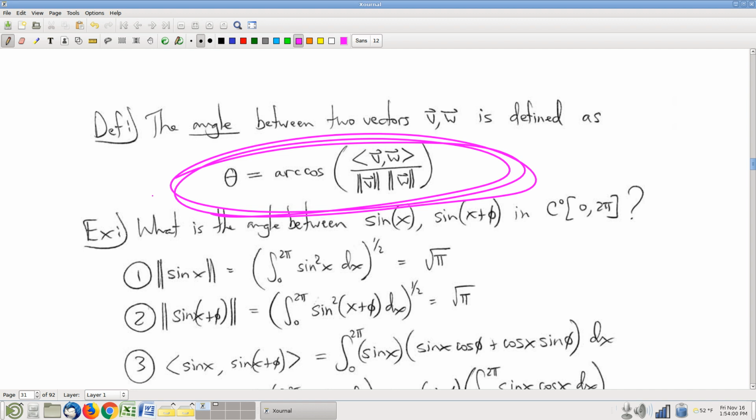So what would happen, hypothetically, if we were to end up with a situation where that was bigger than 1 or less than -1? Well, we would have a problem. You can't talk about arc cosine of 3. So how do I know that this isn't nonsensical garbage?